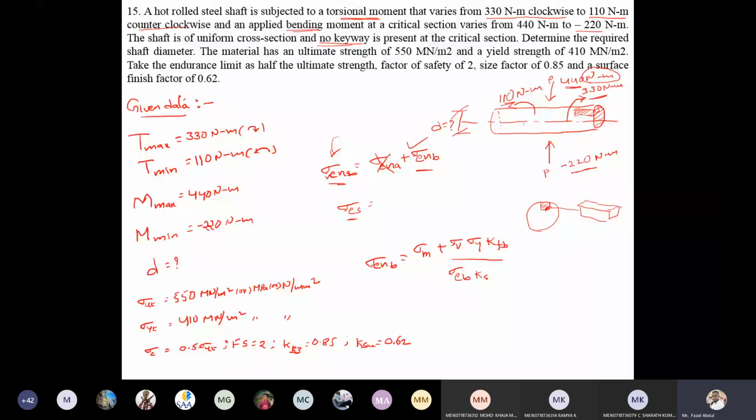Whatever values I am taking here, all are related to bending only, to calculate the equivalent normal bending stress. Now first calculate the mean bending stress. What is the mean bending stress here?